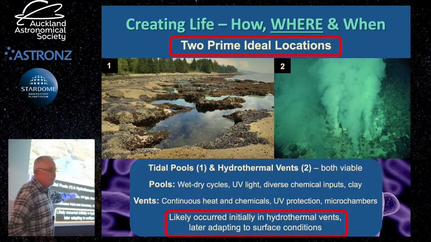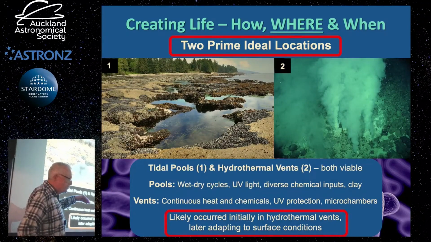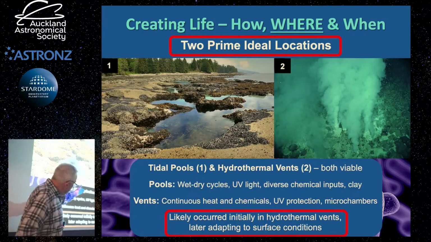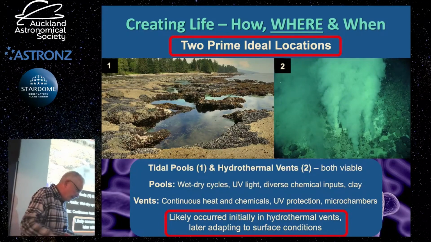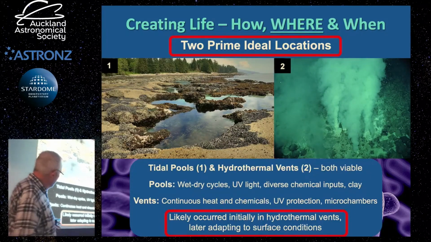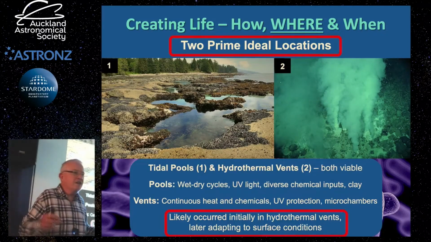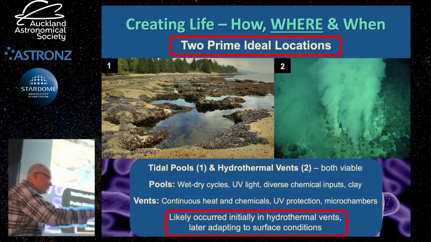You've got ultraviolet light, and as I mentioned, it was more intense at that time in early Earth, to give the energy to drive chemical reactions. Very diverse chemical inputs. You had stuff coming in from the land, from the water, atmosphere and so on. So a lot of chemical inputs, and you had that important clay. That's great. It's sticky. It pulls things together. It links chemicals together. It acts as a catalyst as well.